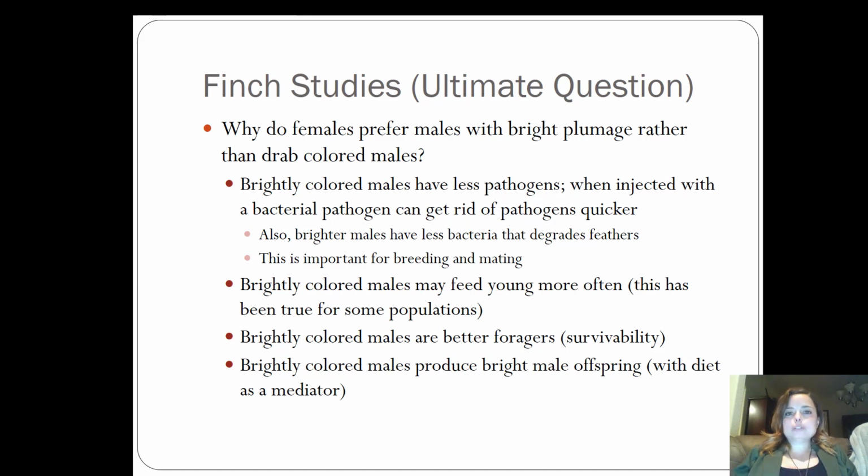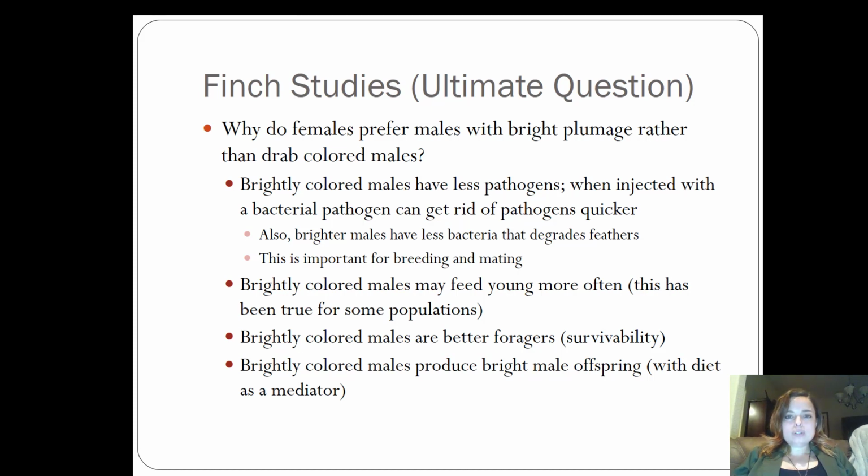Why would females prefer males with brighter colors? Well, there are a lot of explanations for this, and we can talk about those at a later time, but there are some functions that it might serve, which are listed below. So brightly colored males actually have less pathogens. Birds have a lot of parasites, actually, and the brightness of their feathers can be indicative of their parasite load.